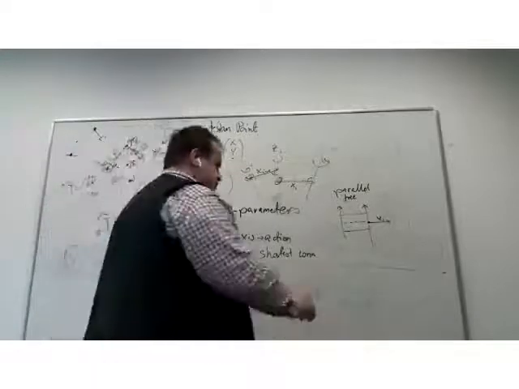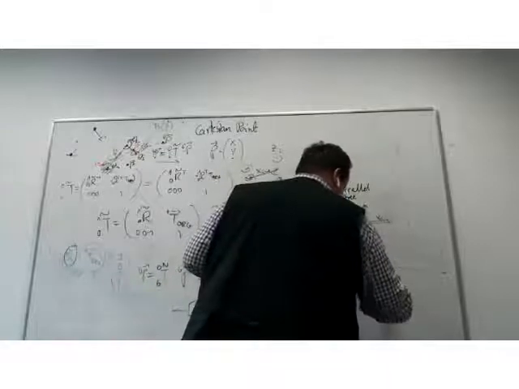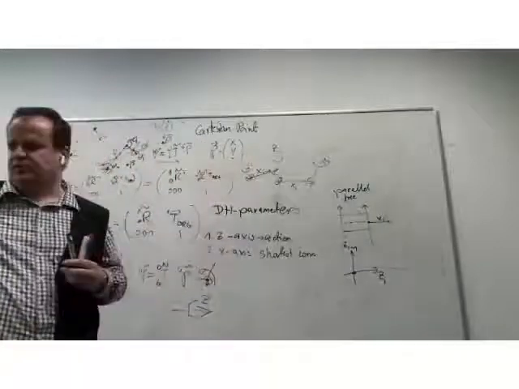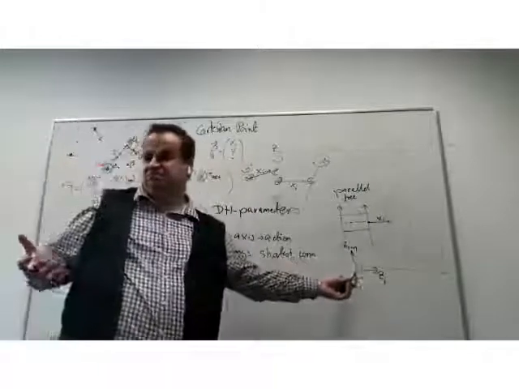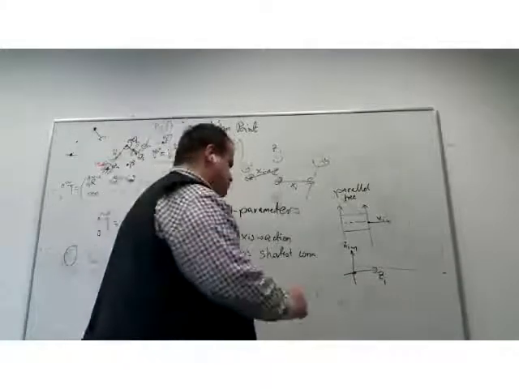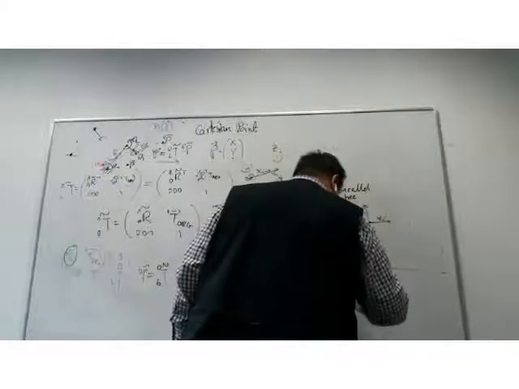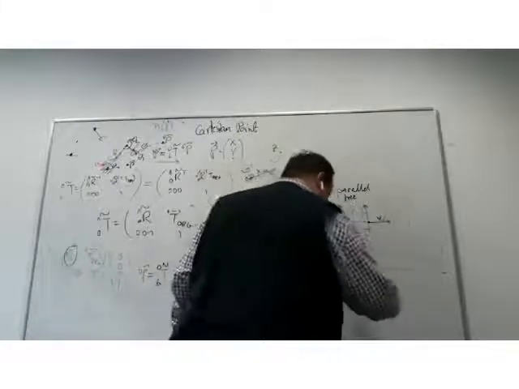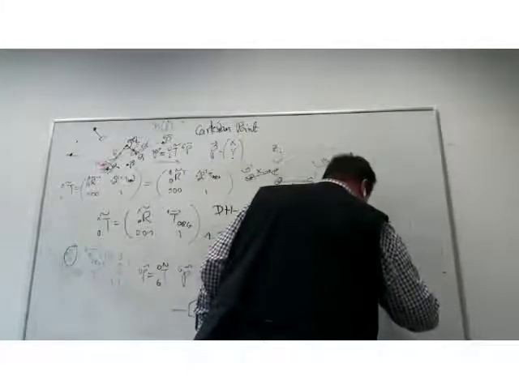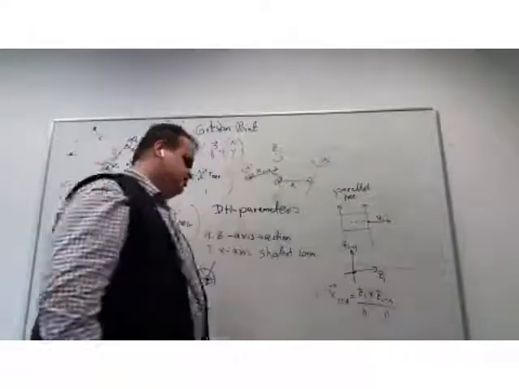What's the second case where the x-axis may not align? The second case is the z-axes intersect in one point, so the shortest distance would be 0. In this case, the x i minus 1 is basically vi plus vi minus 1, normalized to 1.